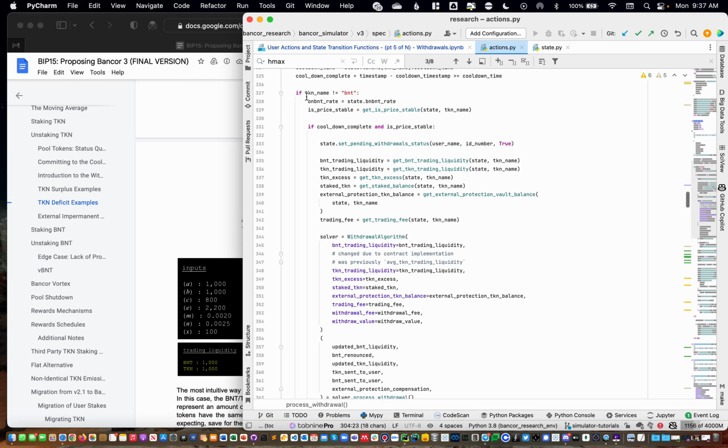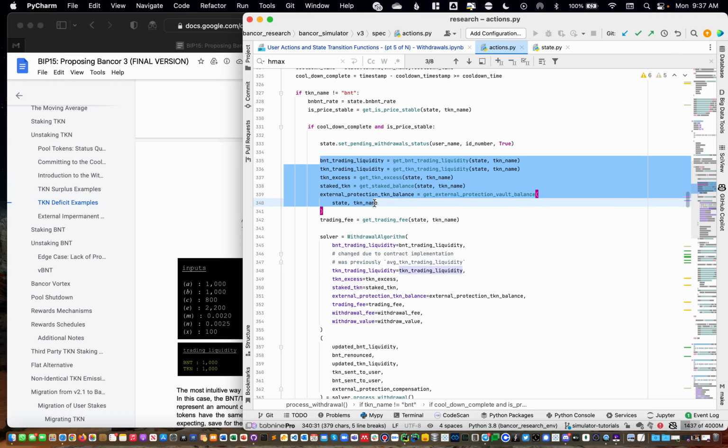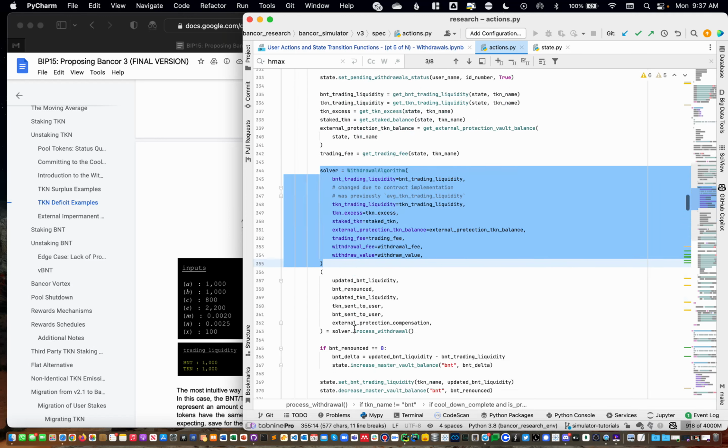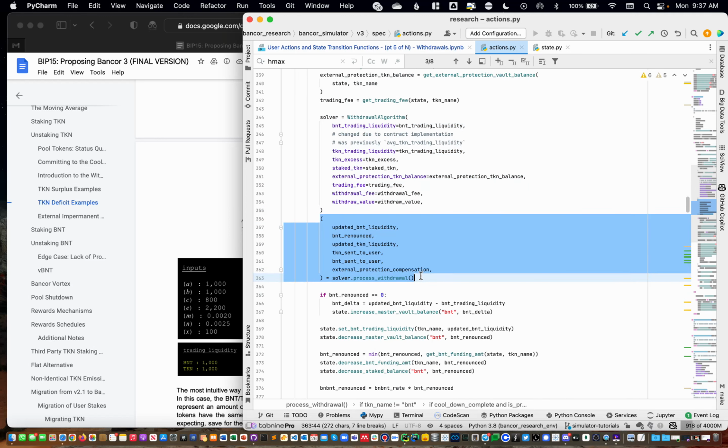If the token that we're trying to withdraw is not BNT, in other words if it's ETH or any other TKN value, then as long as the cooldown period is complete and the price is stable per the EMA, which Mark also referred to, we can update the state to say that we're now going to complete this withdrawal, and from there get the input values that we need to perform the withdrawal algorithm. We're going to initiate the class, and we're going to process this.